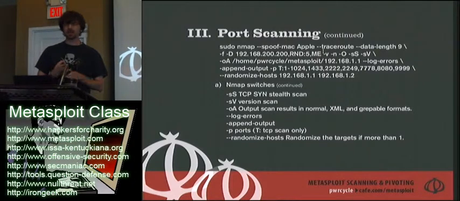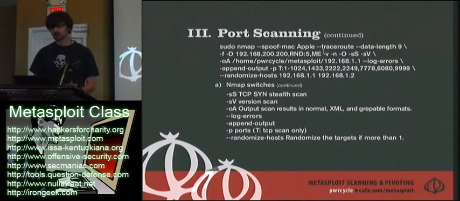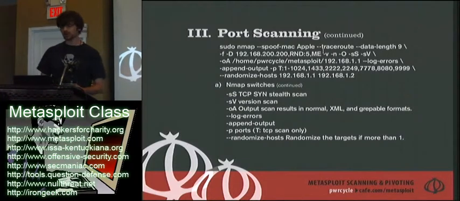The XML is the only file that Metasploit will import, so it's the one you care about the most. For me, I just always name the file the IP address that I'm scanning. So that's what dash oA on Pwrcycle Metasploit 192.168.